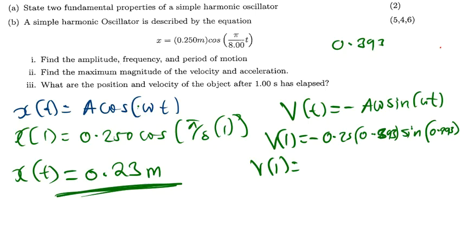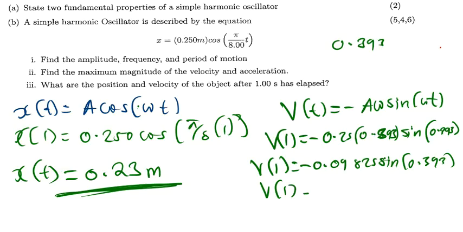I'm getting negative 0.09825 sine 0.393, like that.